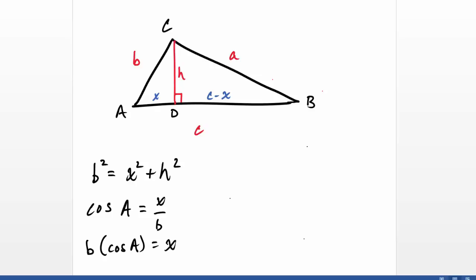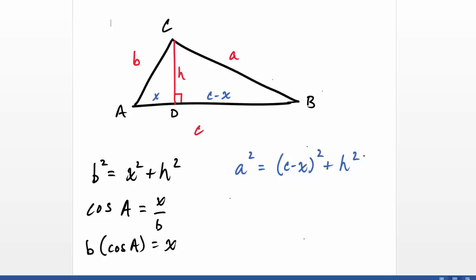Okay, so that's not a bad start. I've gotten some information from the left side of this particular triangle. Now I'm going to do the same thing on the right side. According to the Pythagorean theorem, a squared equals (c minus x) squared plus h squared.